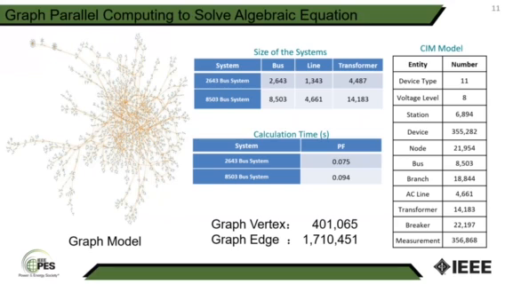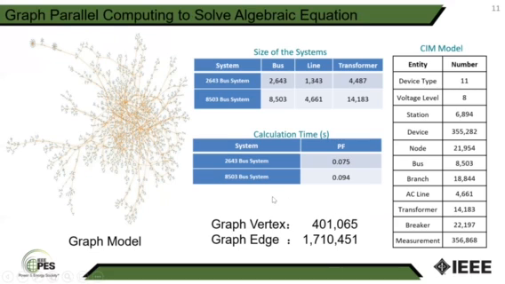For this large-scale system, we have 400,000 vertices and 1.7 million edges. It's a large system that models all devices, stations, nodes, buses, breakers, and measurements. It's a large graph. However, the computation is very fast because we are using parallel computation.